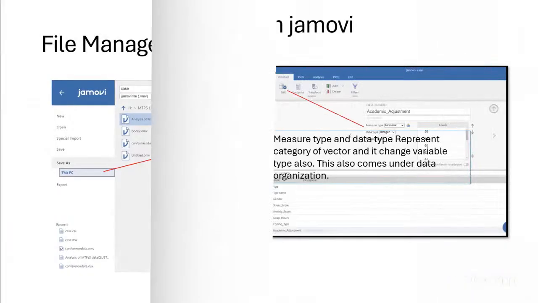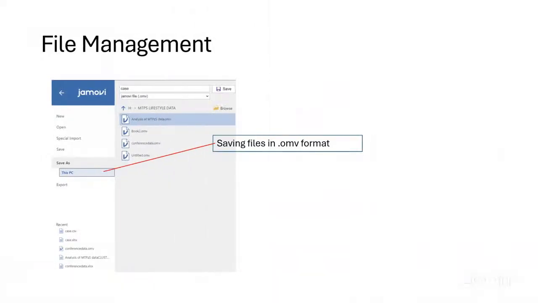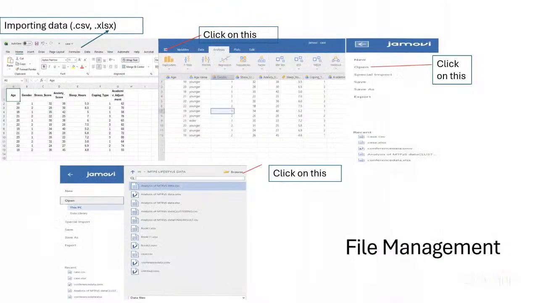Okay, next. Farah. Yes, sir. I would like to add one thing. When you have imported the file from Excel and you have done some analysis, for example, you have computed the total score of maybe 10 items, then your Jamovi spreadsheet includes the total score, but that is not in Excel.